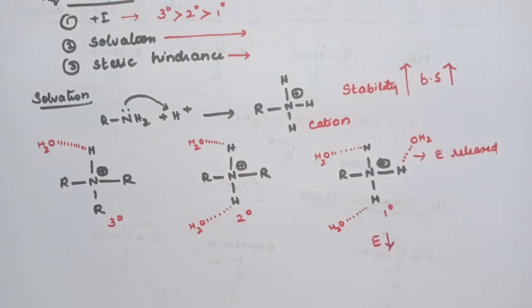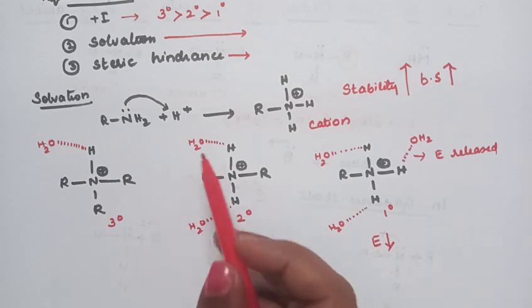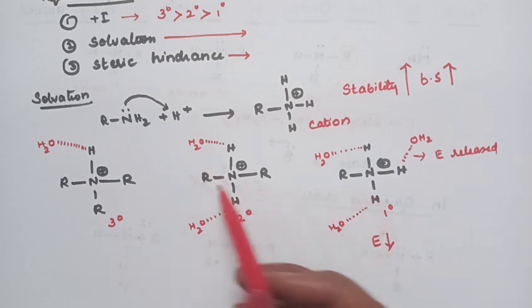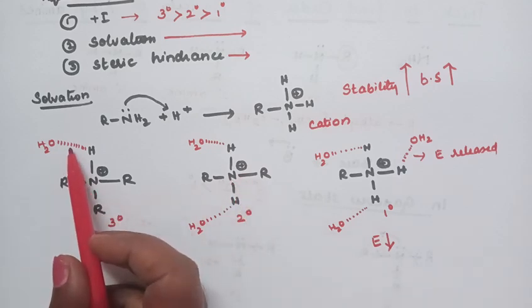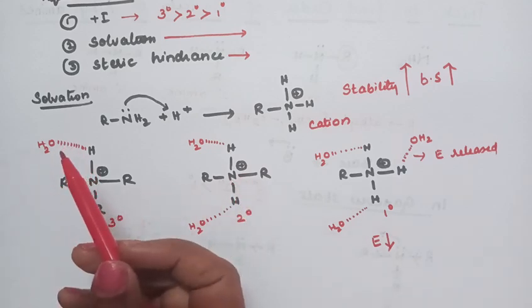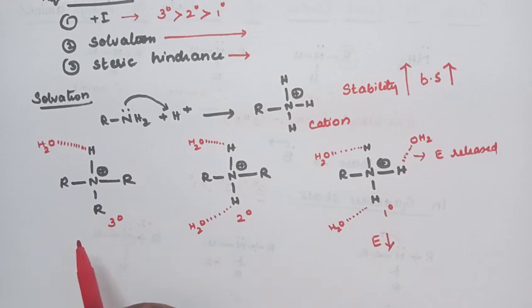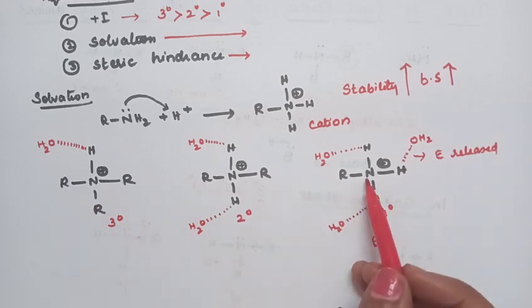Less energy. Whereas here there are only two hydrogen bondings, so compared to this it will be having more energy. And here only one bond is formed, which means less energy is released. So the energy released here will be less when compared to this.